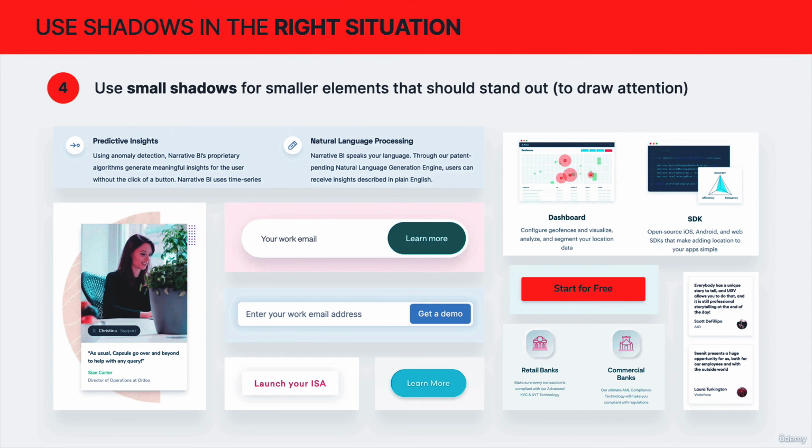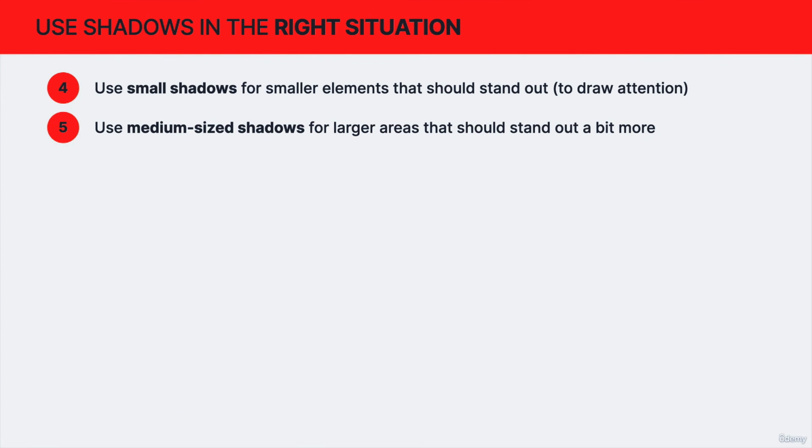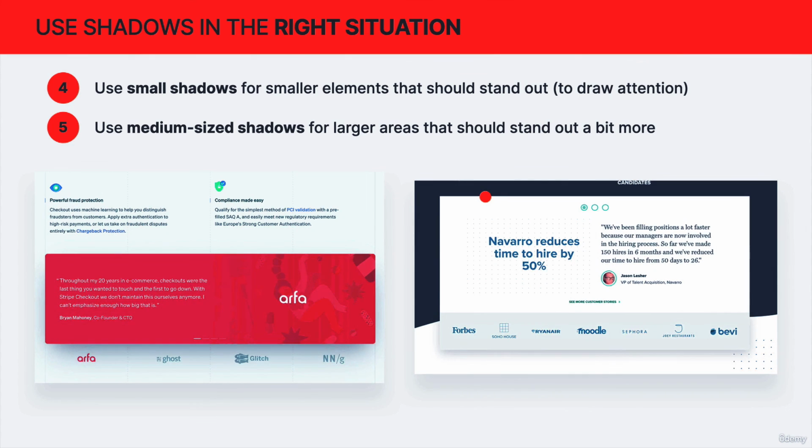So next, let's talk about medium-sized shadows that we usually use for larger areas that we want to stand out even more than these smaller elements that we just talked about. So this technique of using medium-sized shadows is used all the time to make entire sections completely float above the page. So basically to make them stand out from the rest of the page.